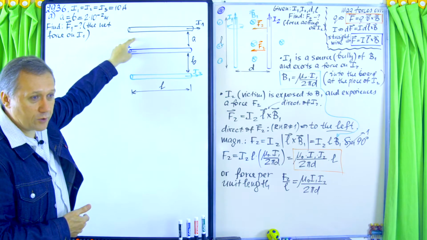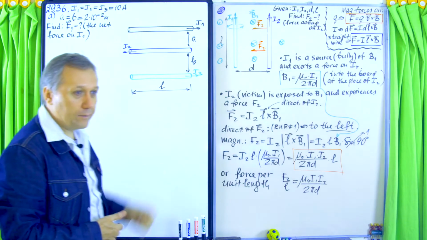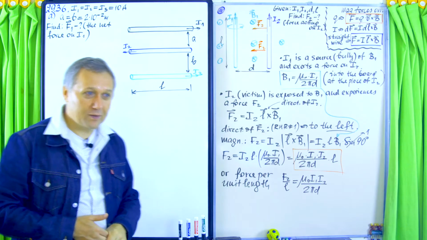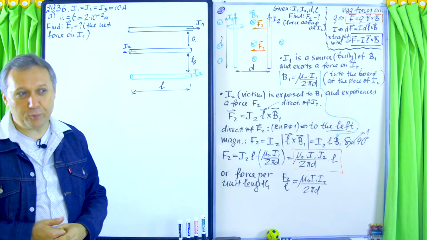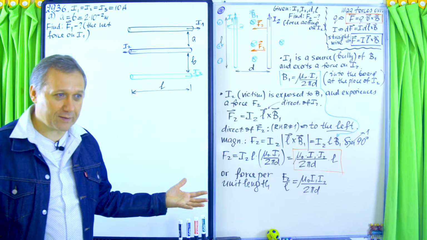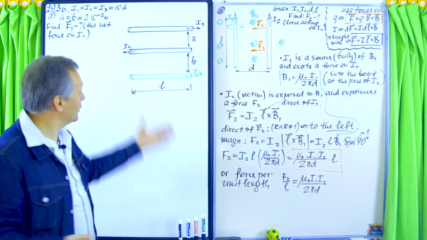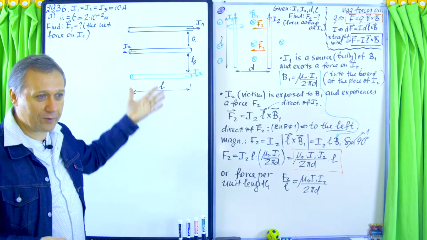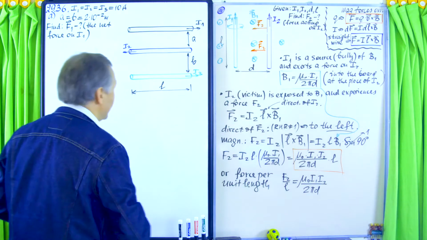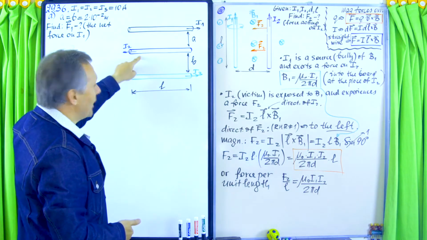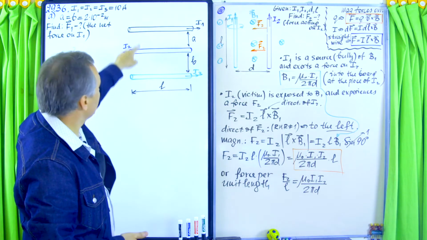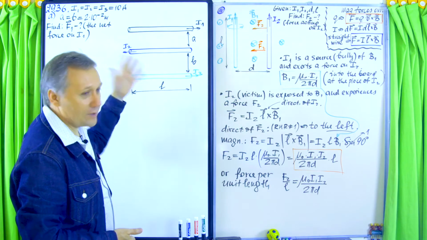That is the object which is going to experience forces. But of course, now the force is going to come from two places. There will be two punches at the same time. The first one from the blue and then from the green. So this will be our first object which is going to exert a force on I1, and this will be the second object.